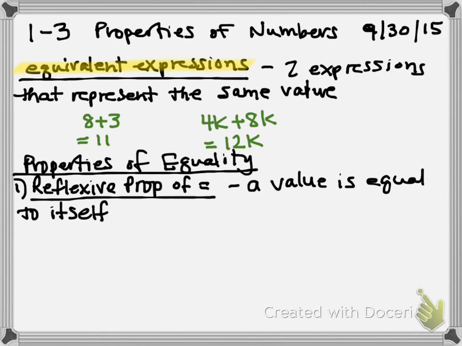So in very boring terms, we could use an algebraic example where A has to equal A. That makes sense. Numerically, we could say 5 equals 5. We could also numerically say 4 plus 7 is equal to 4 plus 7. Anytime what's on the left of the equals is the same as what's on the right of the equals, that is called reflexive property. Okay, so let me demonstrate how we use this one in our math class.